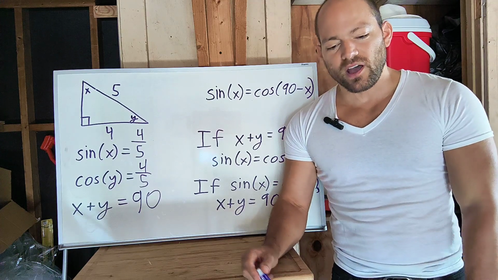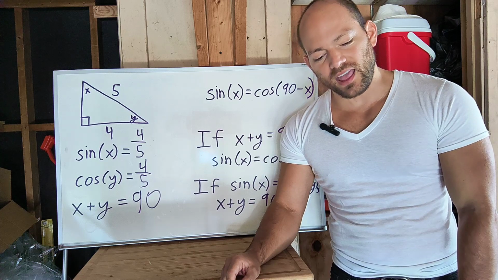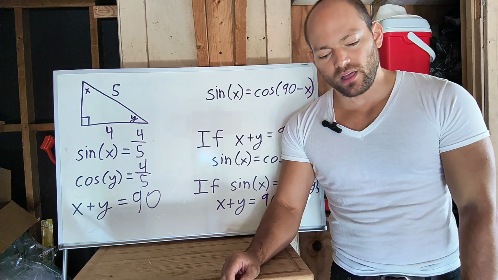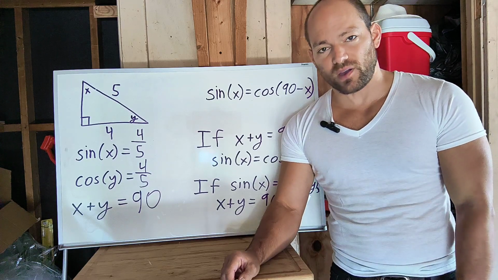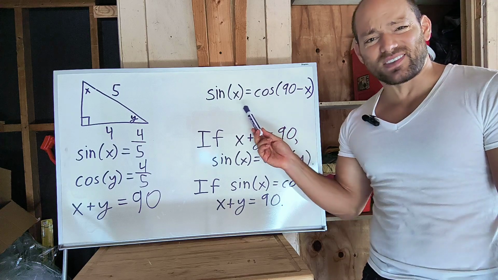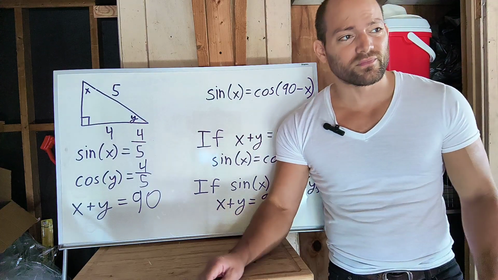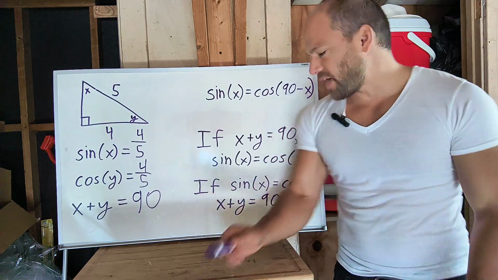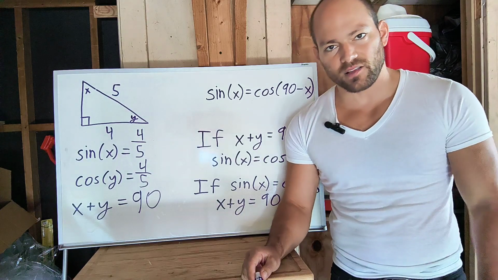You don't know how to do it, but you remember what Coach Dalton said in this video, and you think to yourself, okay, well, I don't really know how to do this, but it's a weird sine cosine question, so it's probably testing this sine x equals cosine of 90 minus x rule in some way. So I'm just going to assume that the two angles add up to 90, and let's see if that helps.